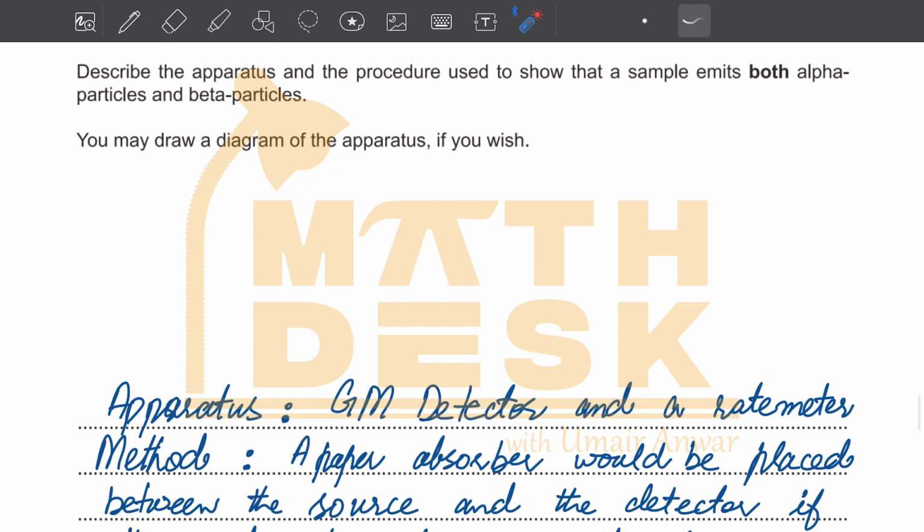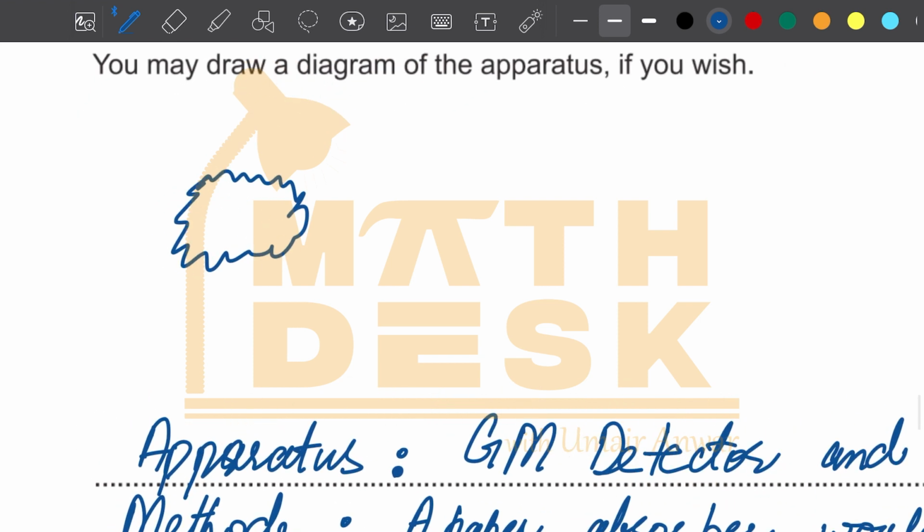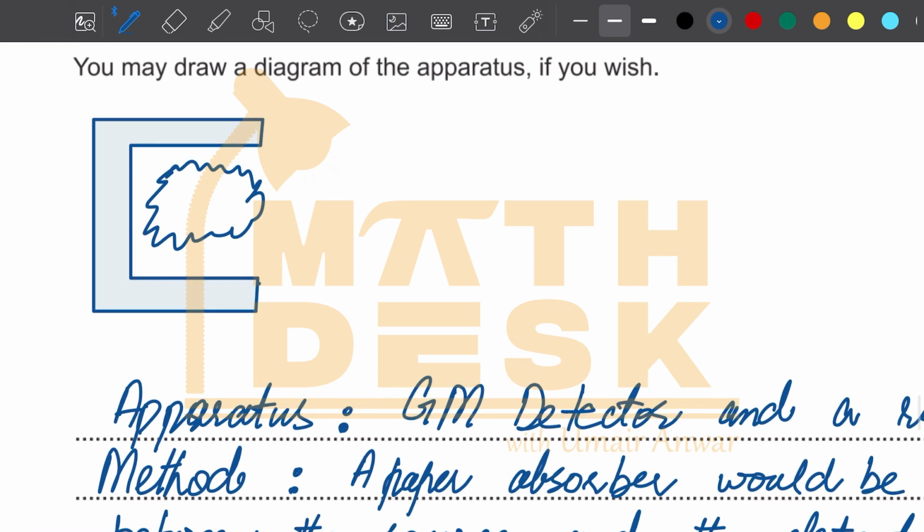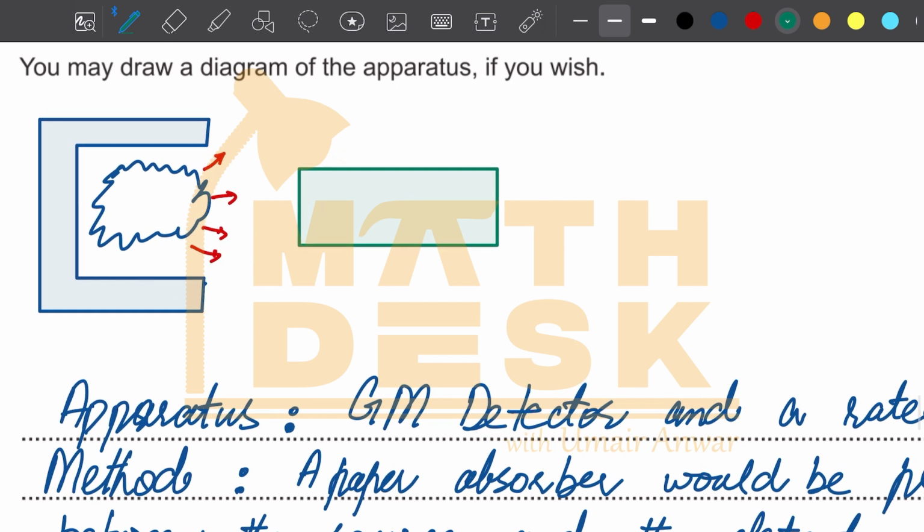So a rough diagram could be like this, that we would place a source over here. So this is the radioactive source. The source is going to be placed in a lead box and it would be open from one side only. Now this source is going to emit radiations. So we are going to place a GM detector in front of it, and the distance would be less than 2 centimeters.